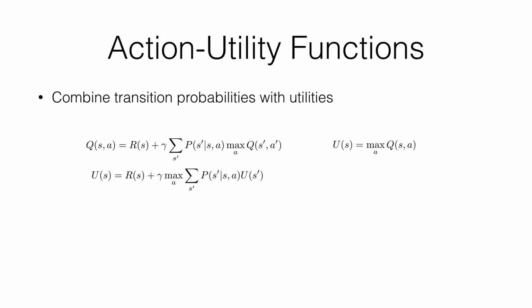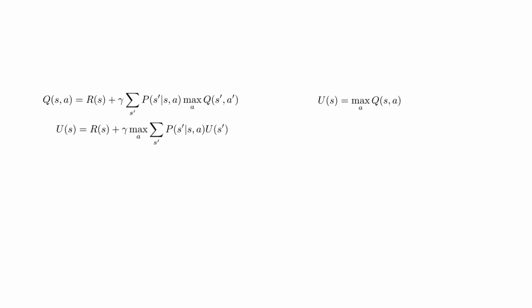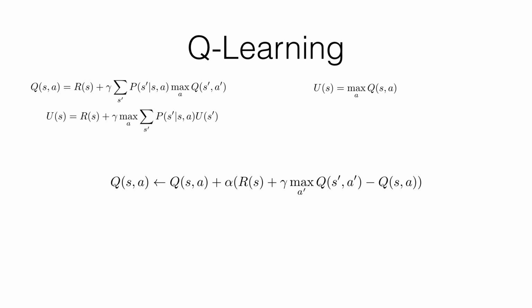What that gets us is that we can write a very similar TD update to what we've seen so far. This is the TD learning update for Q-learning, and it looks pretty much the same. Again, you add or subtract some amount based on whether a sample is close to your current estimate. And just for comparison, this is the previous utility TD learning update, and it's kind of the same thing.